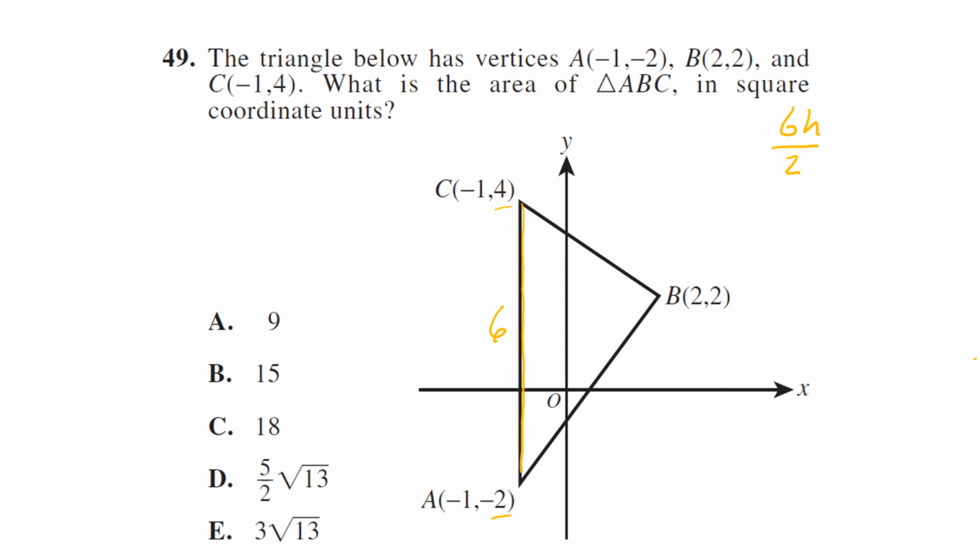And then our height is here to here. We're going to use our x coordinates for that one. So we have 2, -1, so that's 3. So base times height is now going to be 6 times 3 divided by 2. So it's going to be 18 divided by 2, and that's going to equal 9. A.